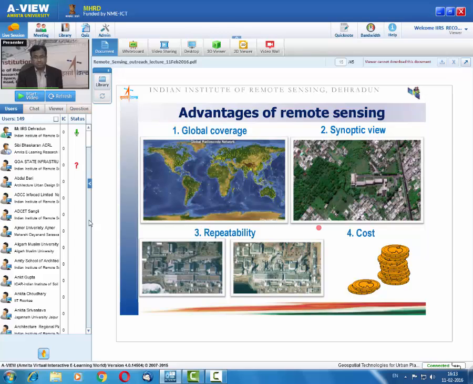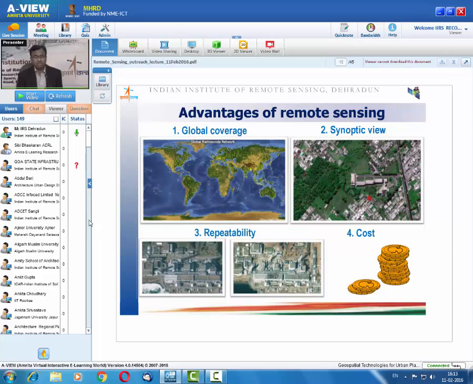Now let us go through some of the advantages of remote sensing technology. First of all, it has global coverage. It has a synoptic view, which means we can see a large area in a single shot at one place, unlike when you are sitting somewhere on the ground and have a limited view.